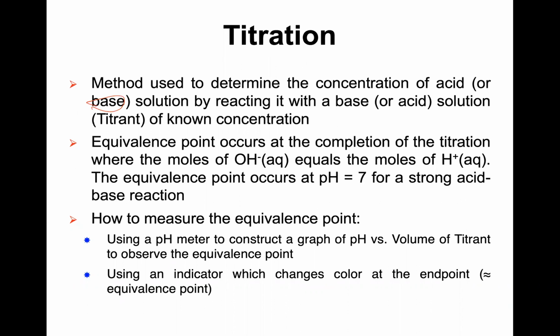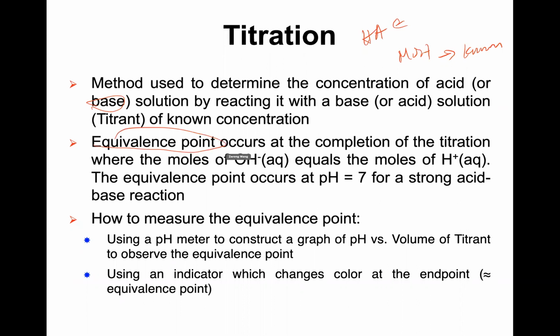Say you have an acid and a base, and the concentration of one of them is known. Then you allow them to react to find the concentration of the other one. During the titration, you will find the equivalence point.